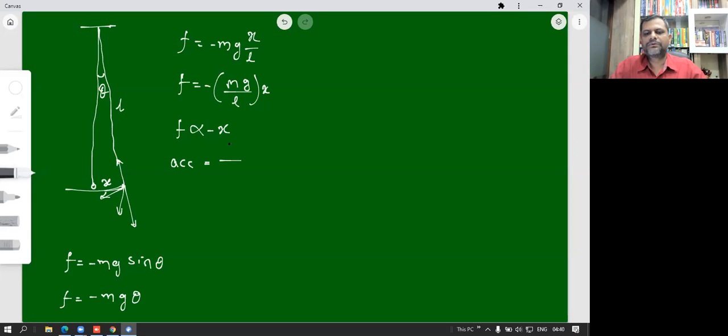can be found out to be equal to the force upon mass, and if we replace this value of force here, then we can obtain it to be equal to mg upon L into x upon m as it is, so that this m gets cancelled, and what we are left with is acceleration is equal to minus of g by L into x, and hence we can just equate this with acceleration is equal to minus omega square into x.